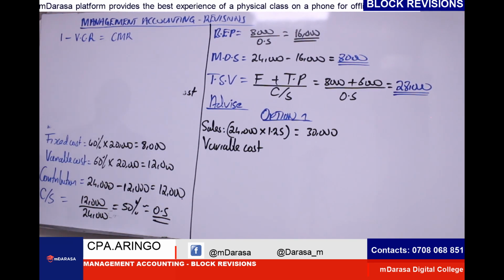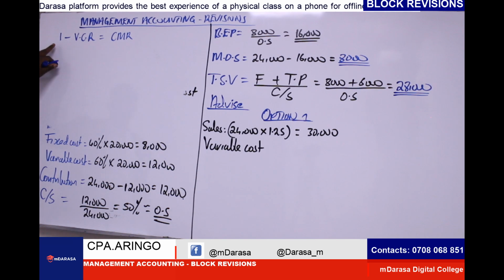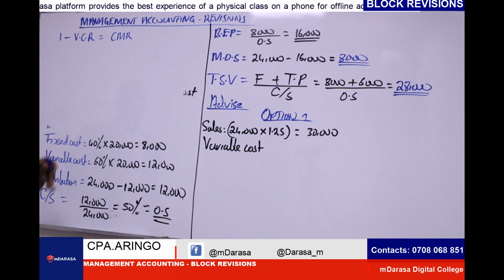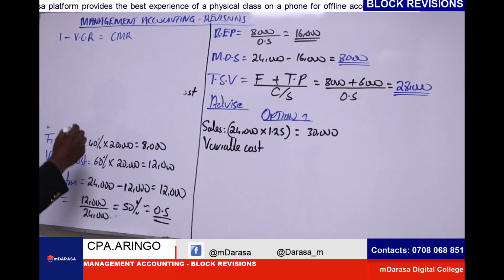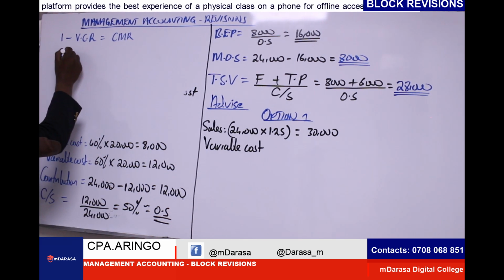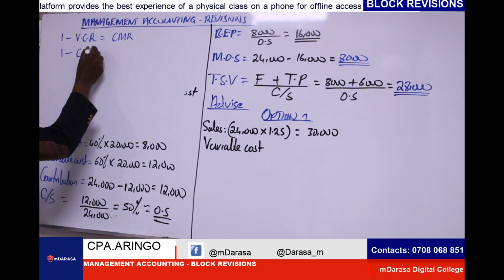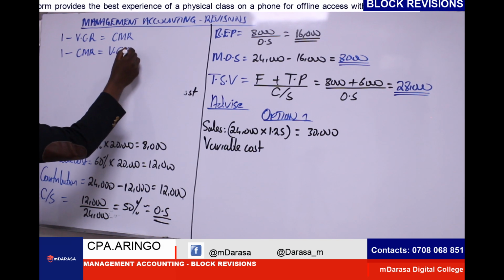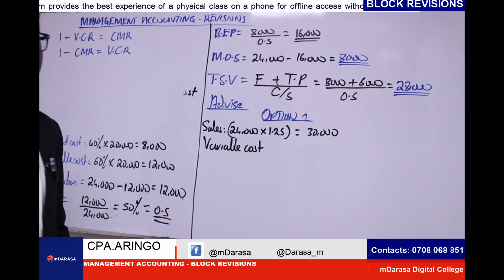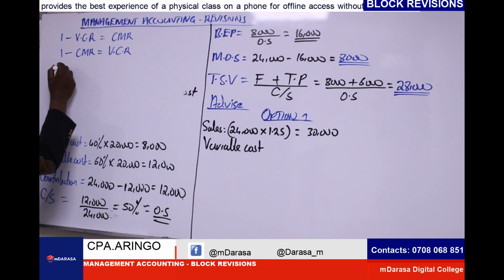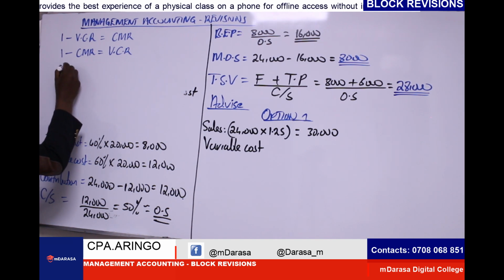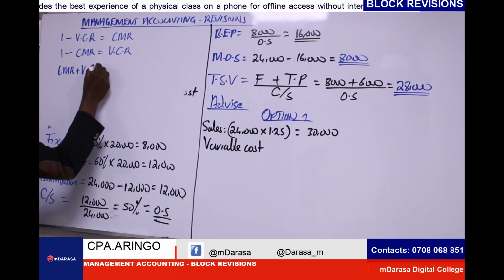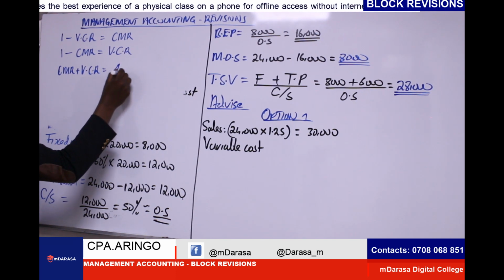CMR. The same case, we can also agree and say that 1 minus CMR, contribution margin ratio, will give us what? Variable cost ratio. And therefore, it is the same as saying our contribution margin ratio plus variable cost ratio will always give us 1.